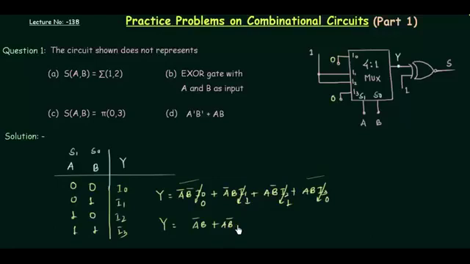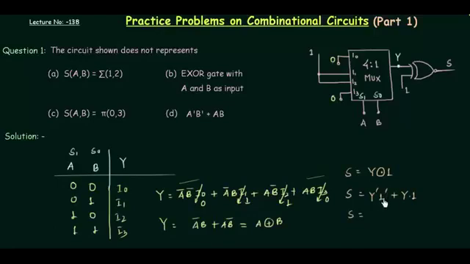Now if you remember from the logic gates, A complement B or A B complement is equal to A XOR B simply. So this is the value of Y, and now we can find out the value of S. So S is Y XOR 1, and I can open it like Y complement 1 complement or Y and 1.